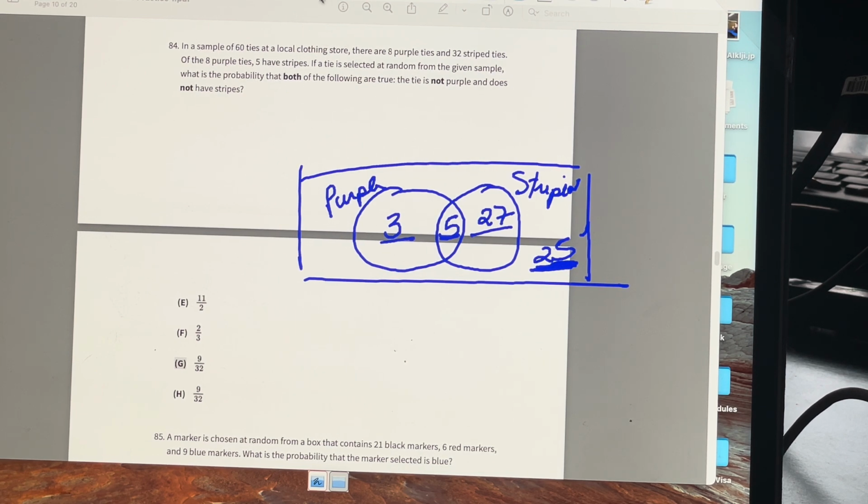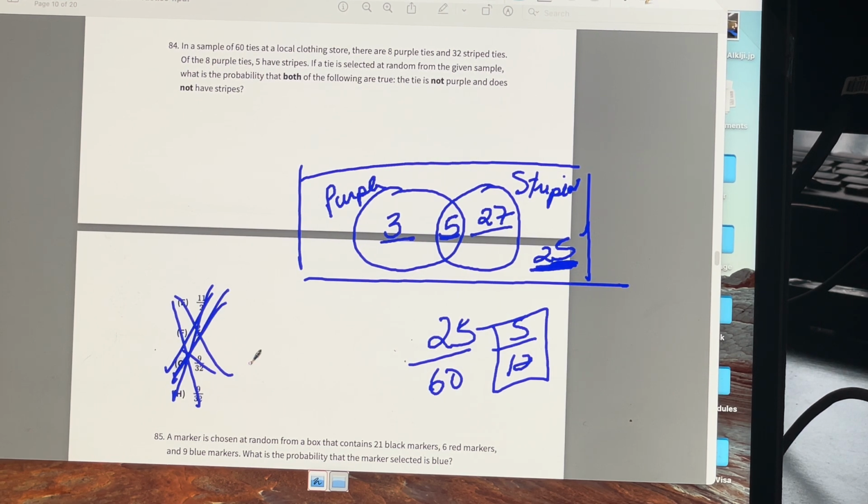No, these answers are incorrect. I stand by what I said. So the probability that we select one that's not purple and does not have stripes is 25 out of 60 or 5 out of 12. Okay, so ignore those.